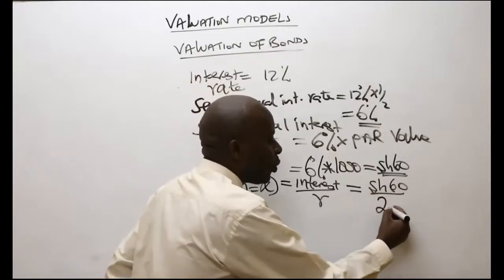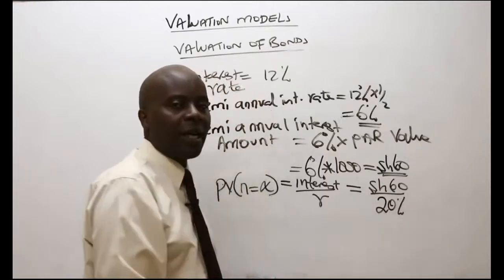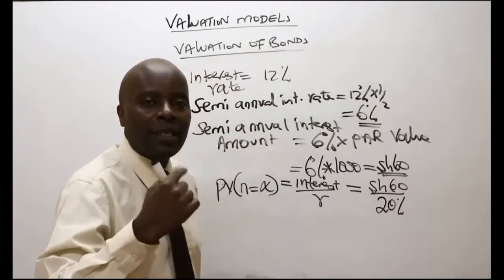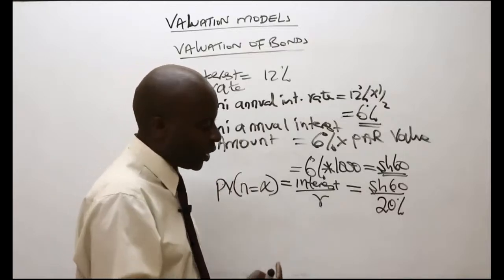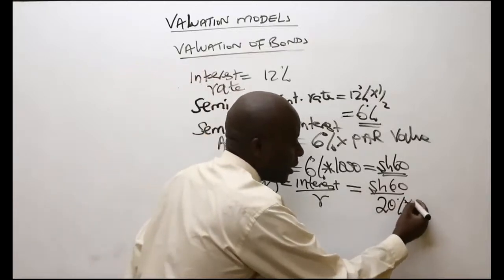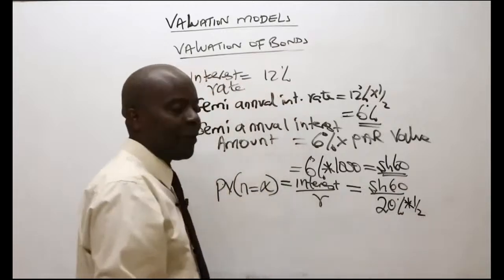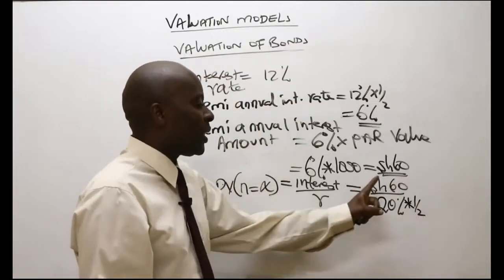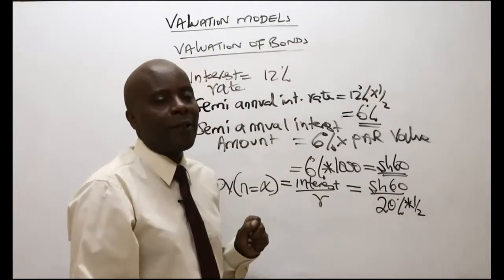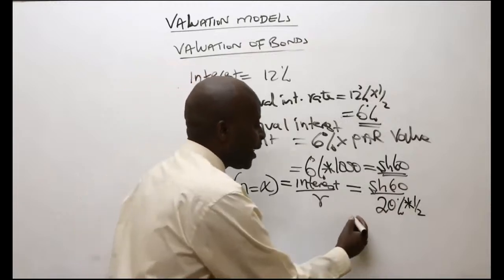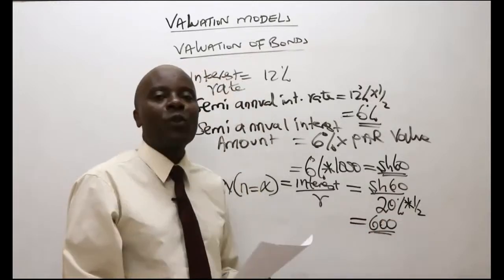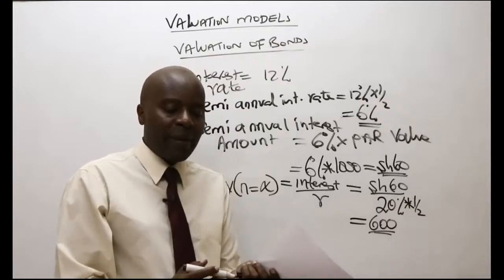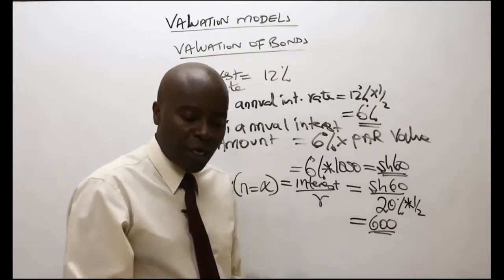But remember that 20% is for a whole year, and in our case the compounding is on a semi-annual basis. So multiply this denominator by half. So then this will be 60 divided by 10%, which gives me a present value of 600, which as well happens to be the market value of the bond.